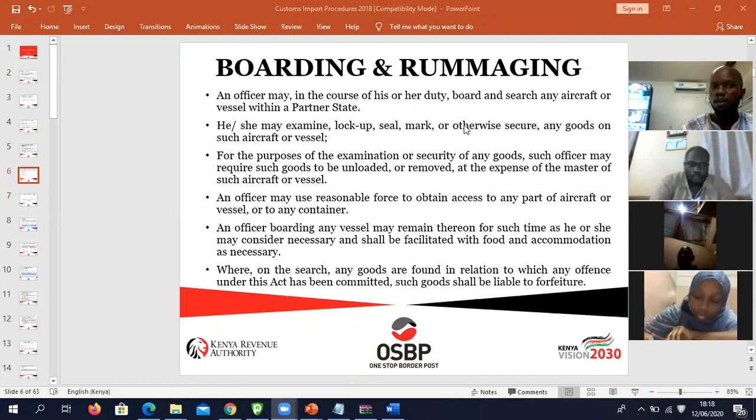Two, he or she may examine, lock up, seal, mark, or otherwise secure any goods on such aircraft or vessel. So he can examine, he can lock up, he can seal to prevent maybe further interference, he can mark or otherwise secure any goods on such aircraft or vessel.